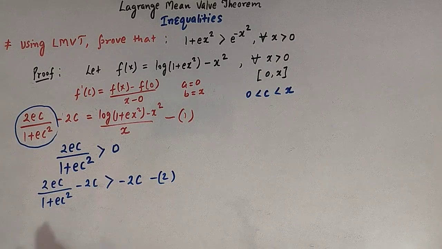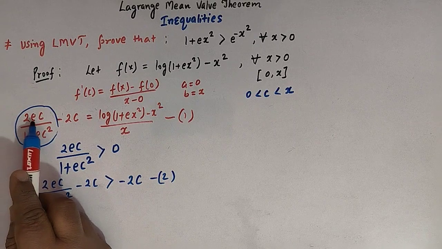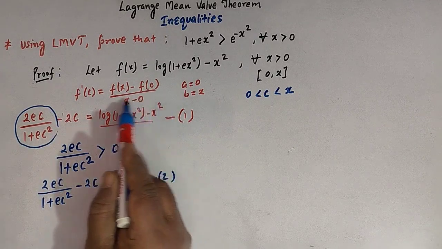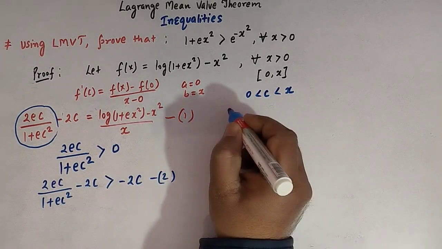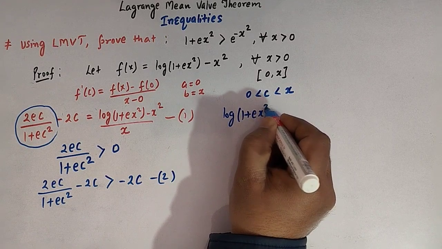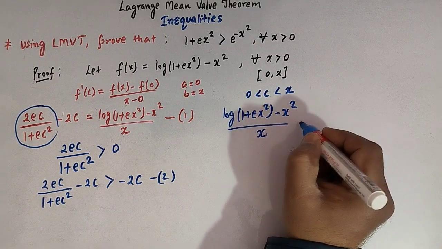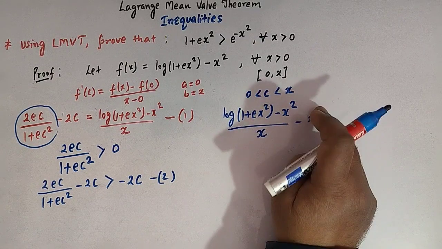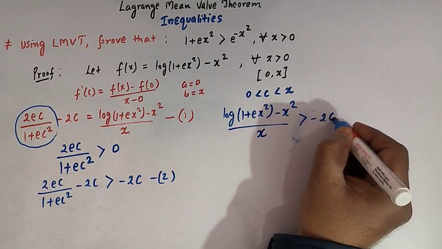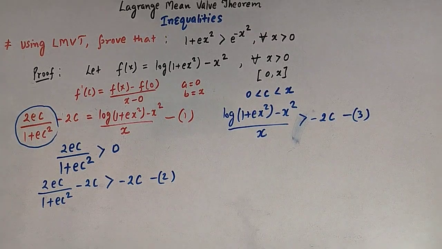Now what we will do, we'll substitute the value of 2e^c divided by 1 plus e^c squared minus 2c as this expression. So now we have log of 1 plus e^(x²) minus x² divided by x minus 2c, here we'll have greater than minus 2c, right? So now we have the third inequality here.